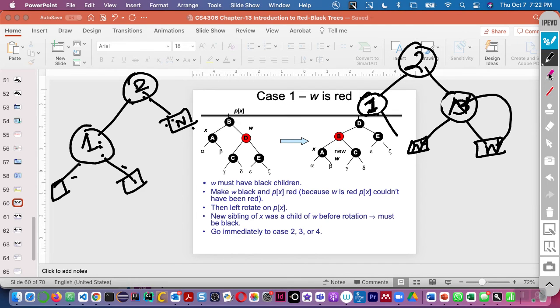So what we will do, we will recolor this one. Now is it a red black tree? Now yes, right. So after recoloring, yes. Does anyone have any question? Everybody understand? So now it is a red black tree.